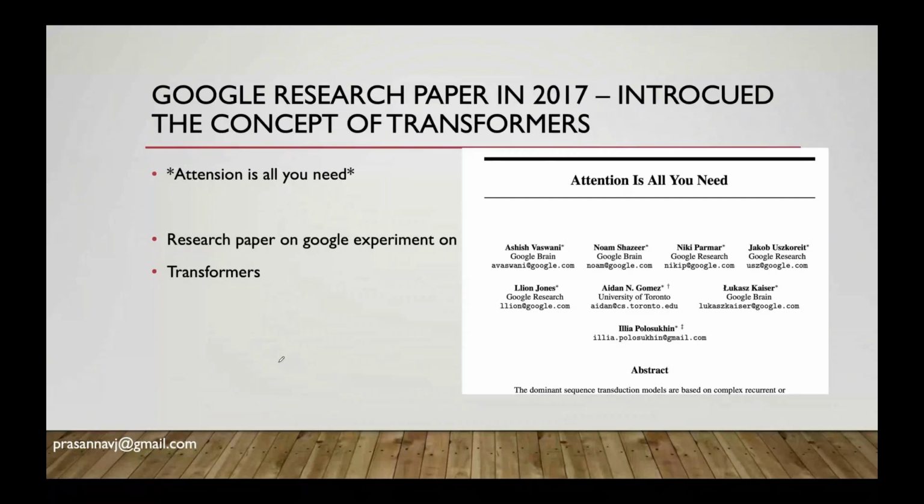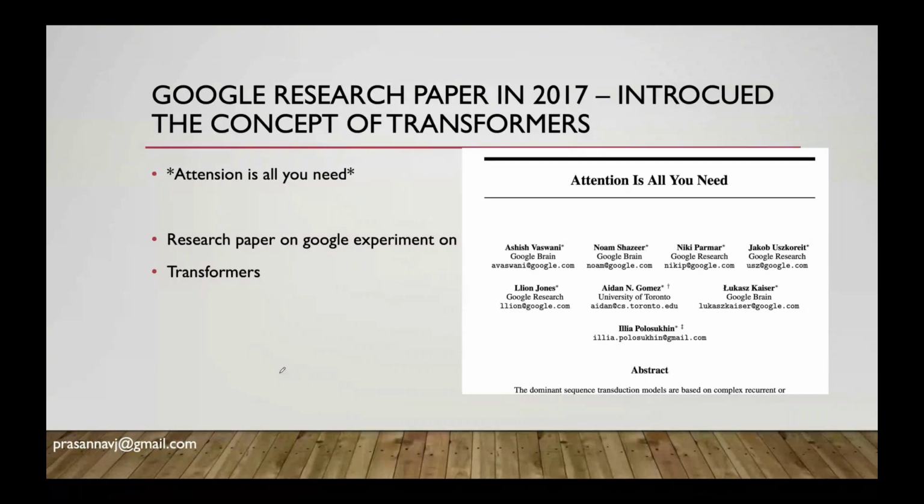This December 2017 paper was the basic building block for the transformer architecture. In this paper, they did detailed research and experiments, and detailed how they achieved it and what the actual architecture of the transformers is.